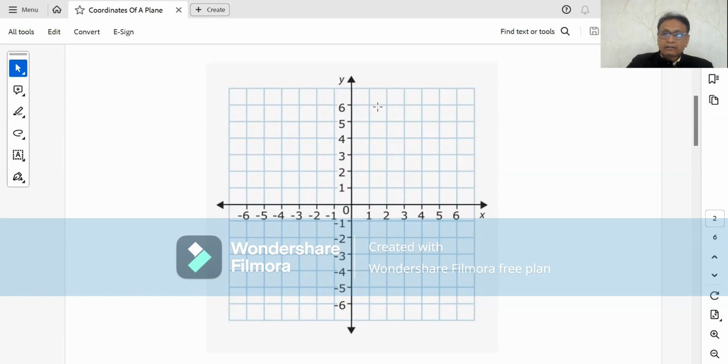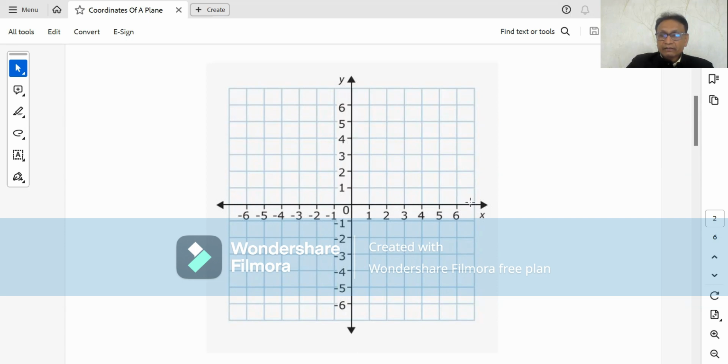Similarly, for the vertical line, which is called y-axis, as we go up, its value increases. 1, 2, 3, 4, 5, 6. And as we go down, its value decreases.